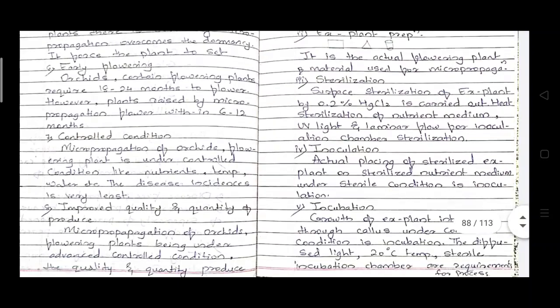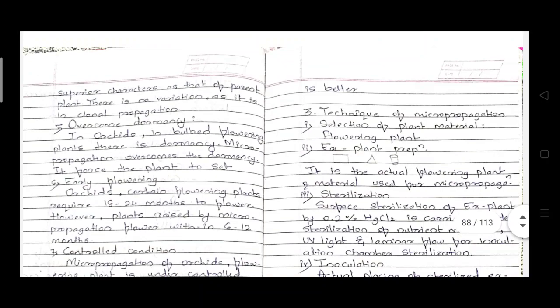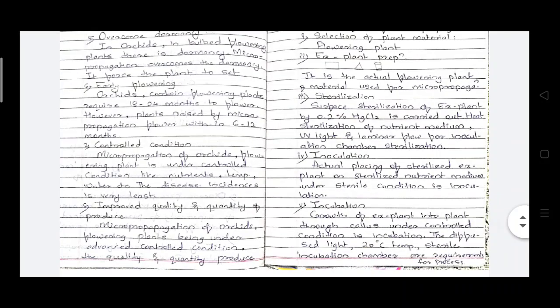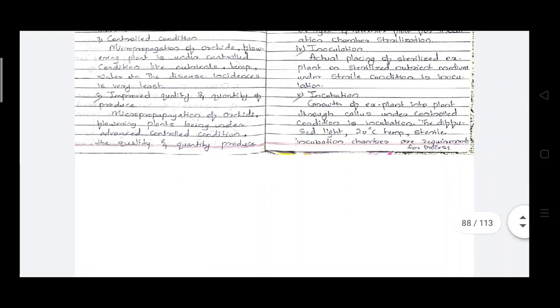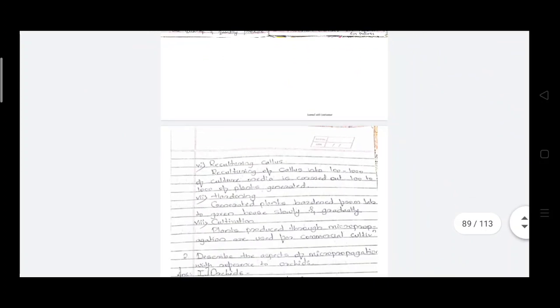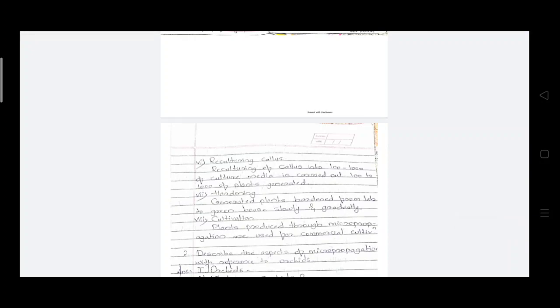Then next you have to write about the techniques of micropropagation used in orchid production. These are also the same as in the flowering plant questions. First technique is the selection of plant material, and then the next is explant preparation, then sterilization, inoculation, incubation, then reculture of callus, then hardening, and the last one cultivation.